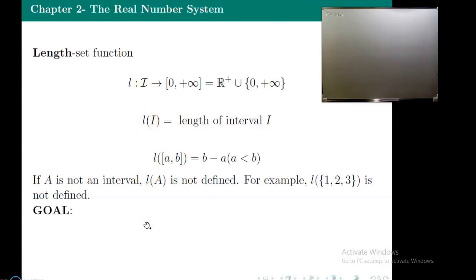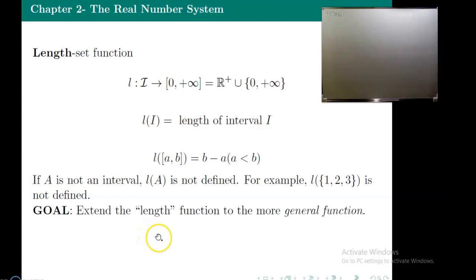Now our goal here is to extend the length function to the more general function. So that is, we have here the function where this is our domain and this is our codomain, such that the properties we have here, m restricted to I, is equal to the length of a function.